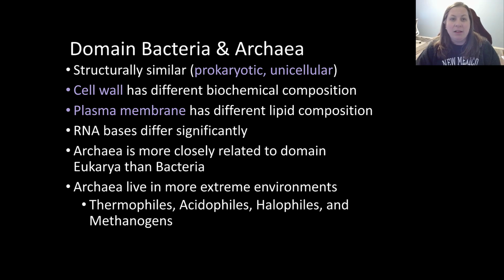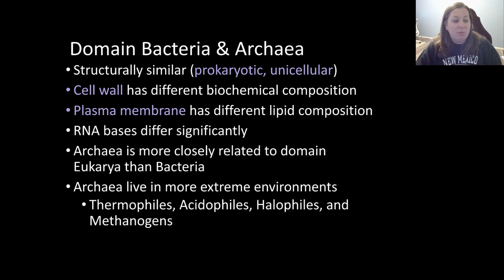Their plasma membrane also has a different fat composition than Archaea does. Again, this is why they're put in different groups, as well as their RNA looking significantly different. Archaea is more closely related to the eukarya than bacteria. So again, why they are separated.